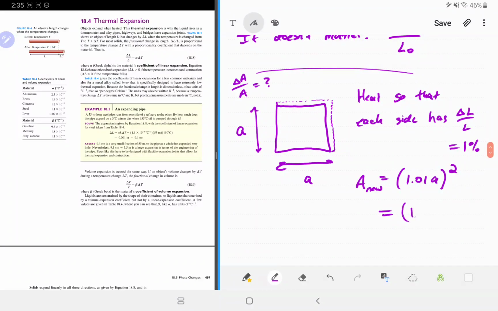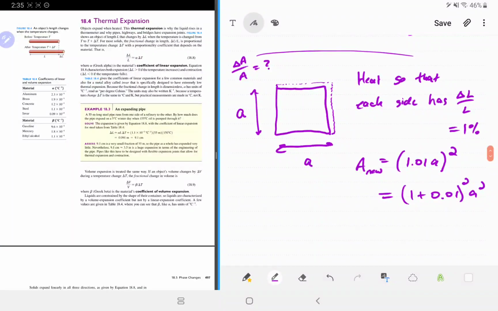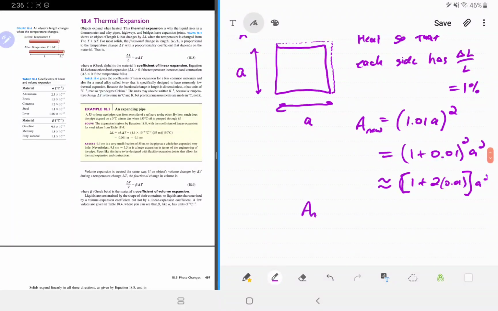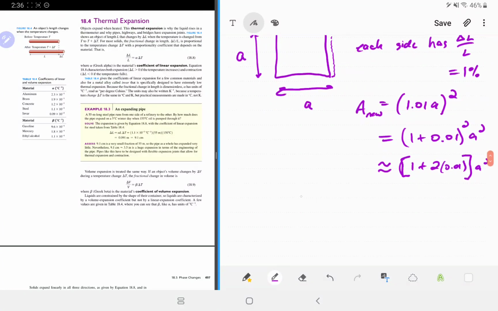And so I'm going to rewrite this as 1 plus a small quantity squared, and then factor out the A squared. And this is approximately equal to 1 plus 2 times 0.01 times A squared. If I rewrite this as A new over A old, and I can actually subtract off an A squared. So I can rewrite this as delta A, A new minus A old, divided by A old.